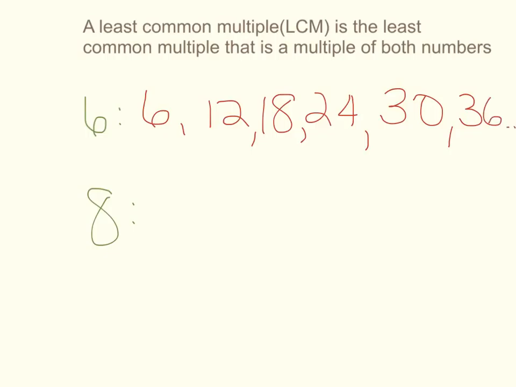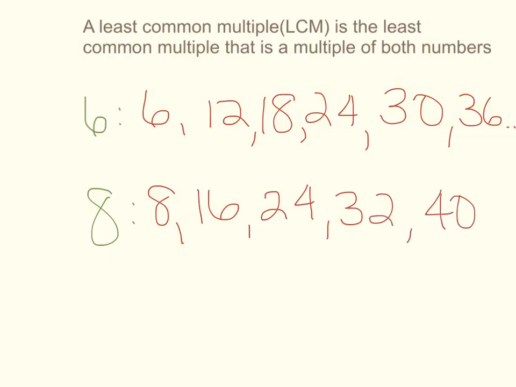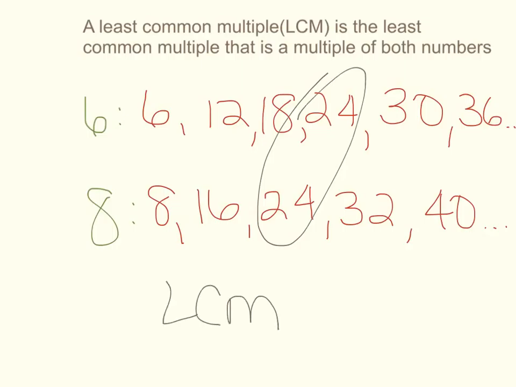If we list the multiples of 8, we have 8, 16, 24, 32, 40, and so on. So you can see that we have a number that is in common, and the least of the numbers that are in common is 24. So you would say the LCM of 6 and 8 is 24.